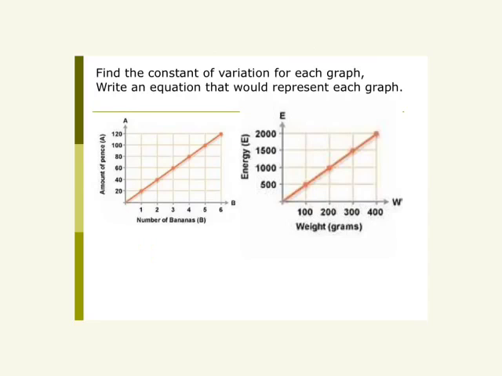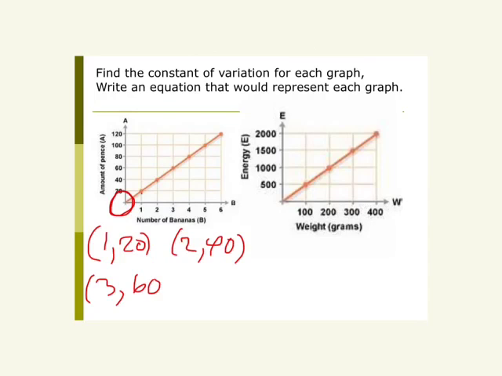All right, and the last thing here is if we are given a graph and we want to be able to write an equation of this and find the constant of variation, we first recognize that it passes through the origin, and it must pass through the origin for it to be a direct variation. And if it is, then I can get ordered pairs. So I have 1, 20, I have 2, 40, I'd have 3, 60, using those points right there.